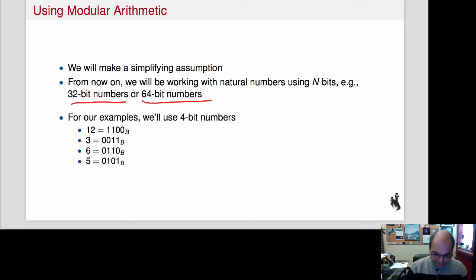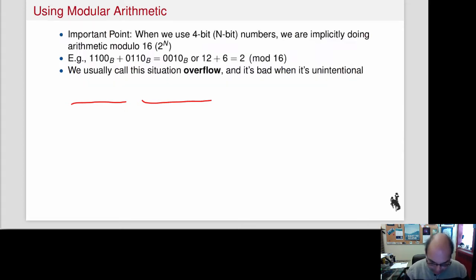Just because 4 bits is enough to actually get all the ideas across, and the numbers are manageable. So for example, the number 12 is 8 plus 4, so that's 1, 1, 0, 0. 3 is 2 plus 1, 0, 0, 1, 1. 6 is 4 plus 2, so it's 0, 1, 1, 0. 5 is 4 plus 1, so it's 0, 1, 0, 1. And those are the numbers that we'll be working with.